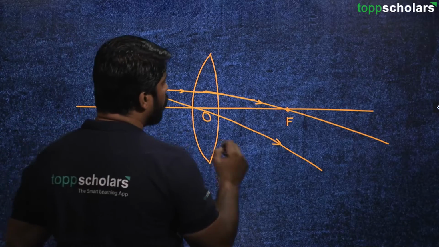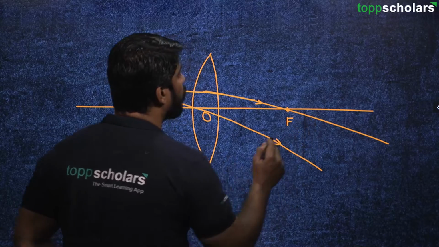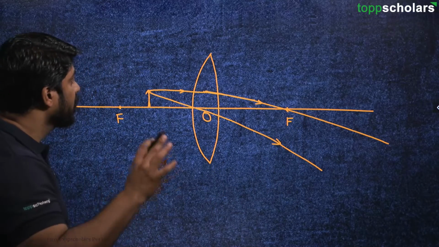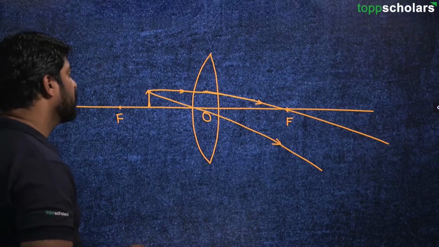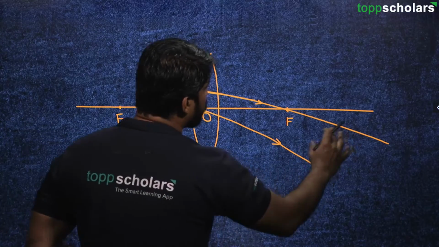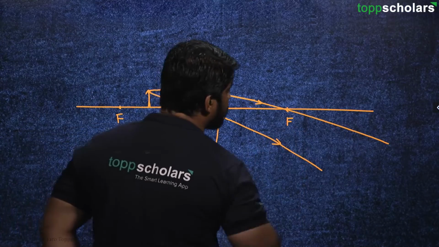So over here, these two rays are not meeting anywhere, and they are not parallel to each other either. If you look at these two rays carefully, they are diverging from each other.